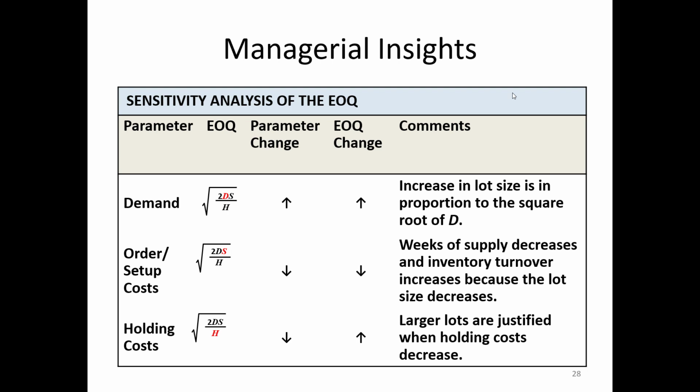So if demand goes up, we look at the formula and go, hey, there's been a change in demand. The forecasting folks have determined that demand is going to go up or down next year. What's the impact on our order size? Well, I'll look at my EOQ formula and it says we're going to be looking at increasing those order sizes.